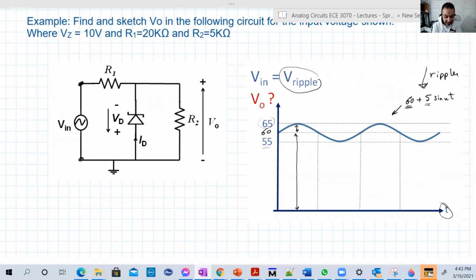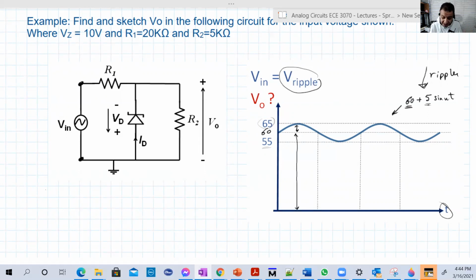So let's see how the zener will behave in such a circuit, how the zener can convert such a still-varying input to a perfect DC. The first step is to find if the diode is forward or reverse, just like what we have done in the previous example.